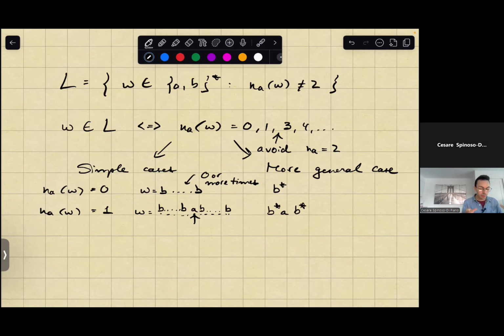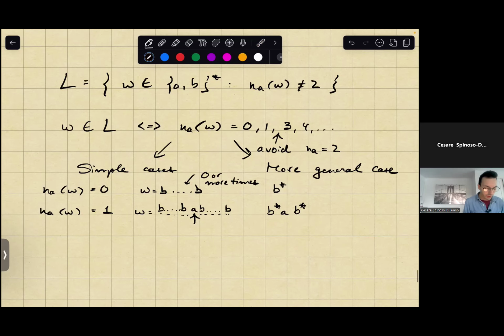Okay, so these seem to be the two simple cases. Where the number of A's is 0 in my string, then I just have B's, so that's covered by this case. Or when it's exactly 1, that's covered by this case.